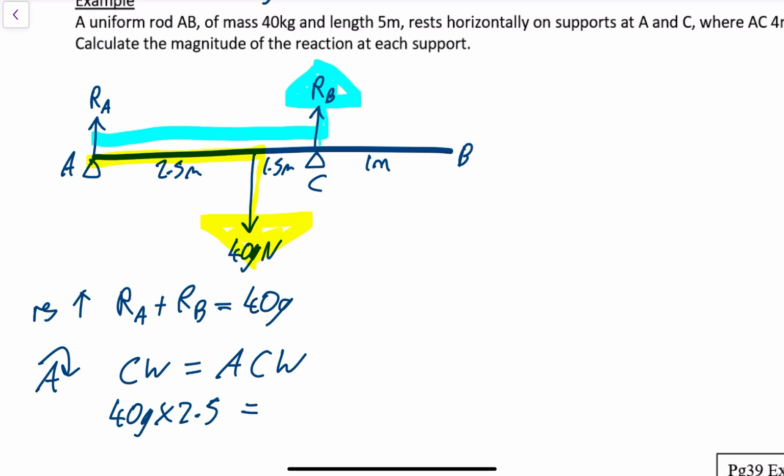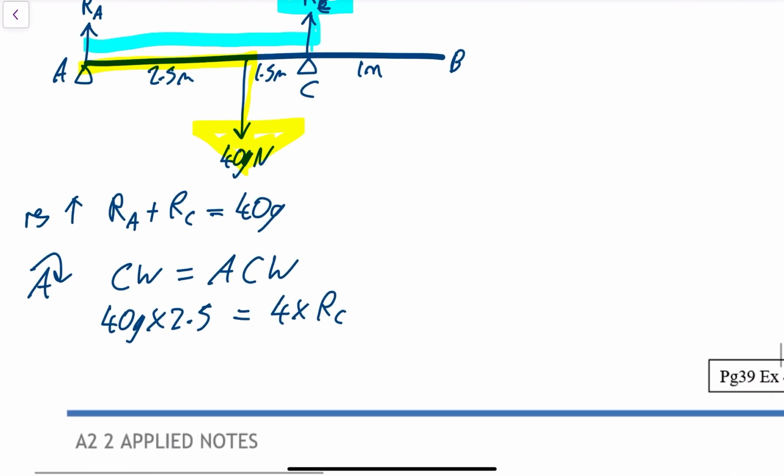So anti-clockwise would be, what's that going to be? 2.5 plus 1.5, that's going to be 4. 4 times R, oh, I should have called that R at C, sorry. 4 times RC, because it was a reaction at C, apologies. And then a wee bit of working out, and I've skipped that out.